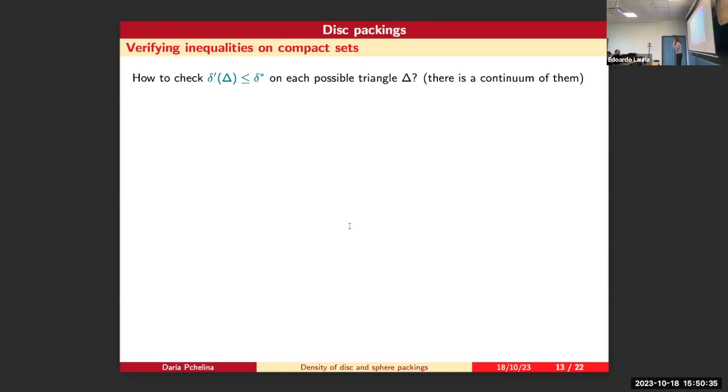The set of such triangles is a continuous set, of cardinality continuum. And our function delta prime cannot be analyzed; I mean, we cannot do anything analytically. We should really do it by brute force, by checking all the triangles by computer. And we have a problem because this set is clearly not finite, and computers like finite things.